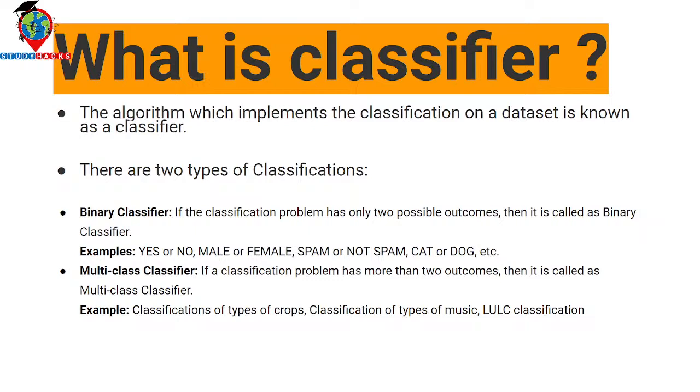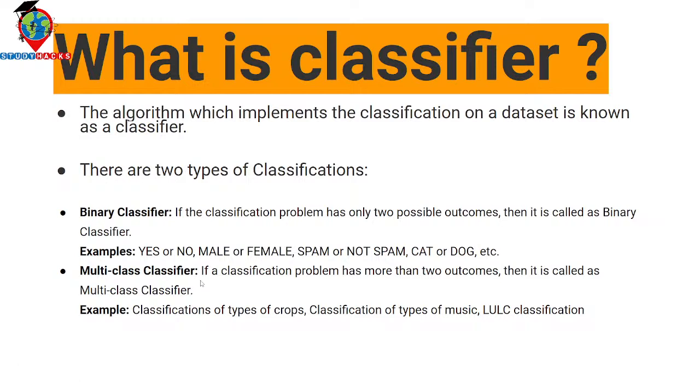So mainly a binary classifier is used when the classification problem has only two possible outcomes. Suppose I make the classification yes or no, male or female, spam or not spam, cat or dog. We can get only two possible outcomes. It is a binary classifier. Then there is also the multi-class classifier.